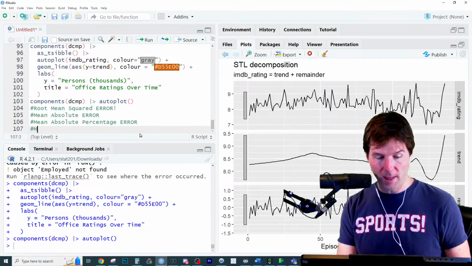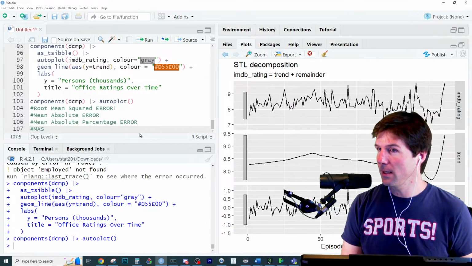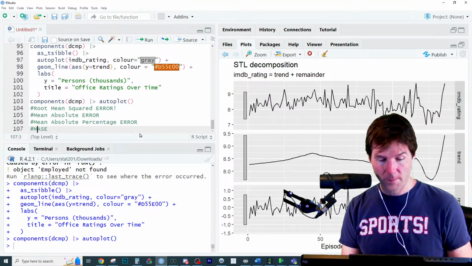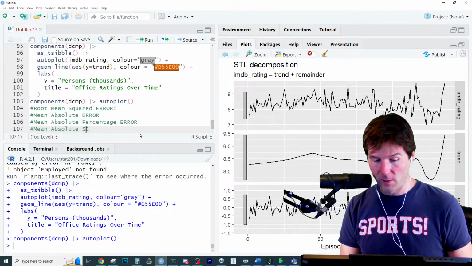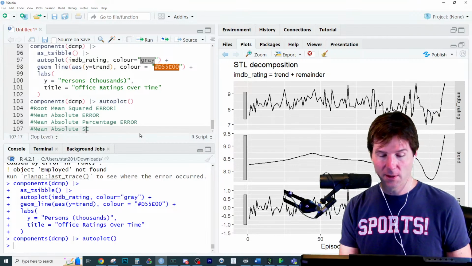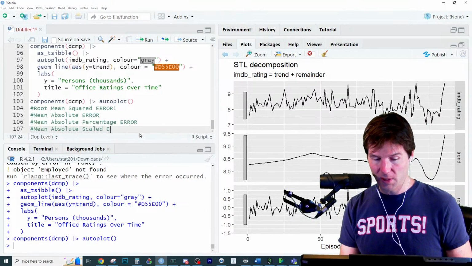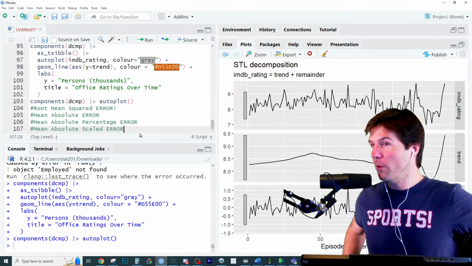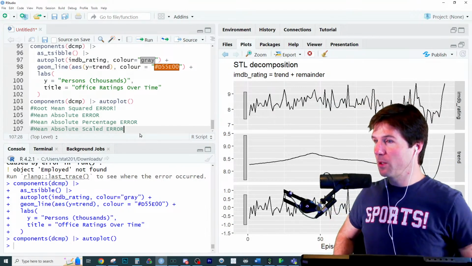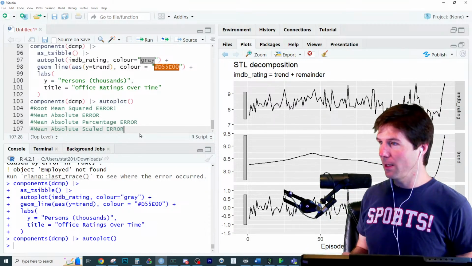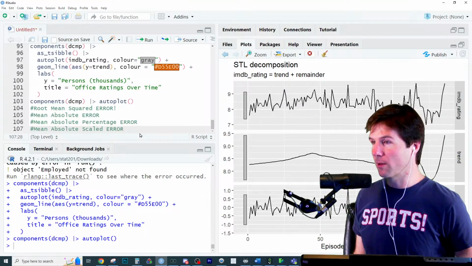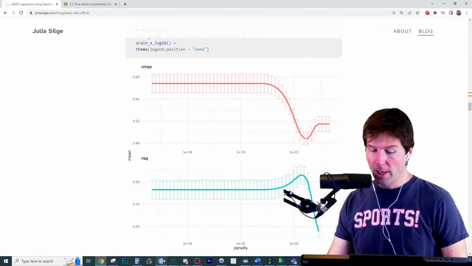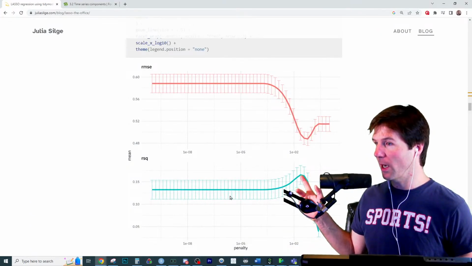Then there's MASE, mean absolute scaled error. A bunch of statisticians came up with a billion ways to do this. But all those things have error in the term. So whenever you see MAPE, MAE, RMSE, you want them all to be smaller. Smaller is better because it's error. And that coincides with our idea that for R squared, higher is better.